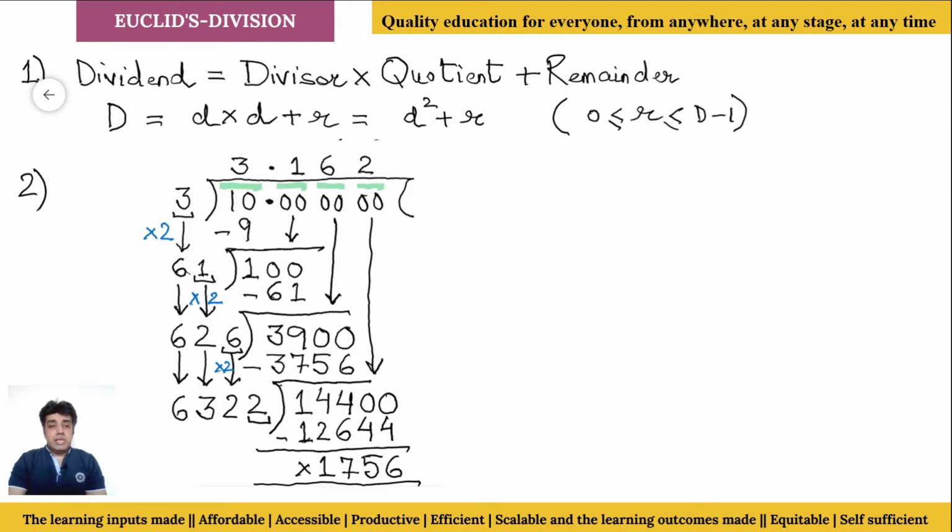In the first division, I have written that it has to be multiplied by 2. Why have I done this? Because we know that (a plus b) whole square is equal to a square plus 2ab plus b square. So 3, which was the first divisor, has to be multiplied by 2 to get the first digit of the second divisor.